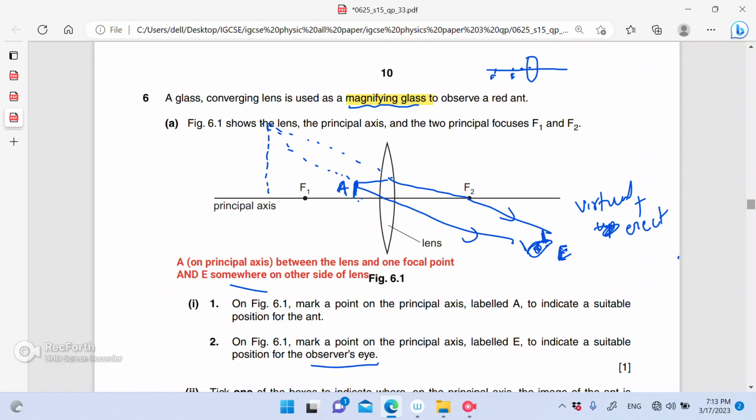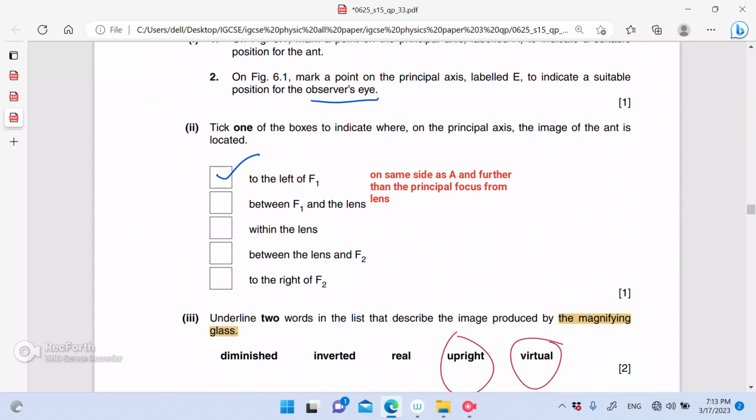So it will be this side. This is E. Now they are saying, tick one of the boxes to indicate where on the principal axis the image is. Okay, children, see, this is the principal axis, this one.